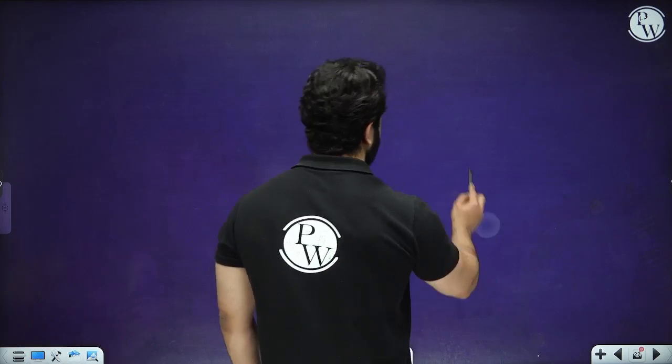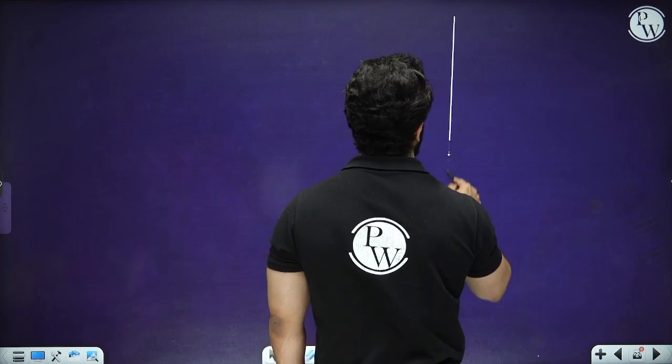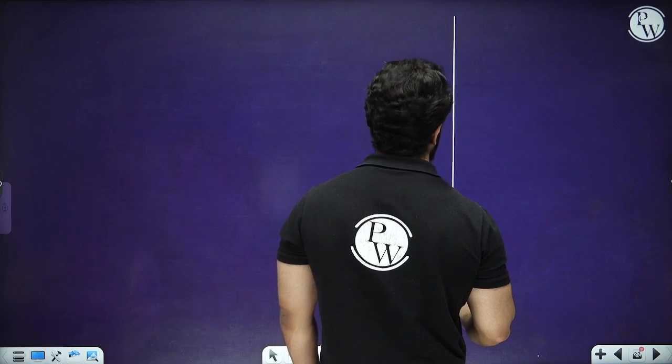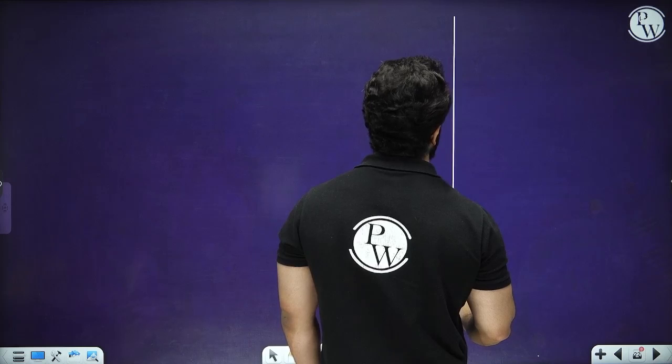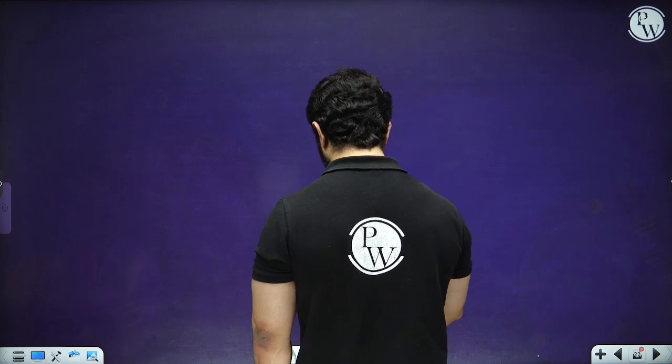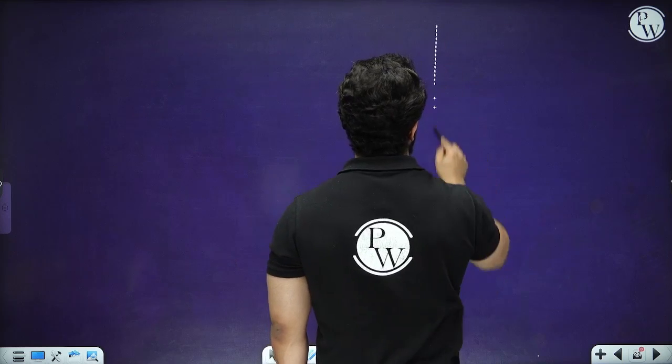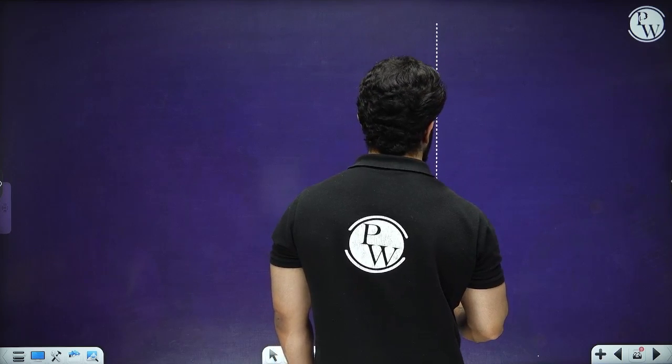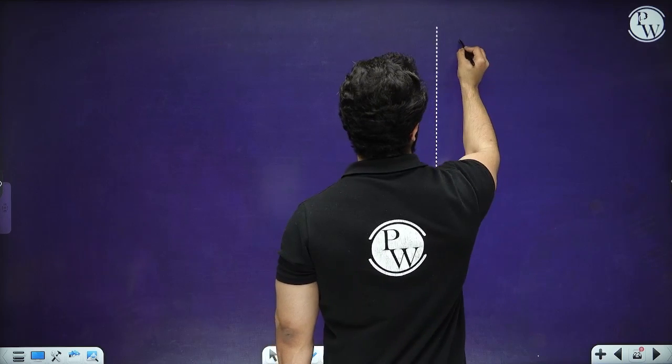Let's suppose that in this region, we have got magnetic field something like this. In this region, we have got magnetic field as cross.